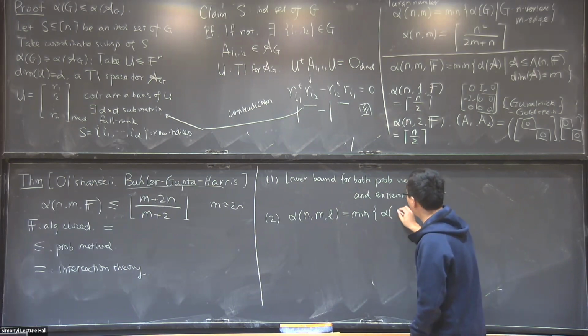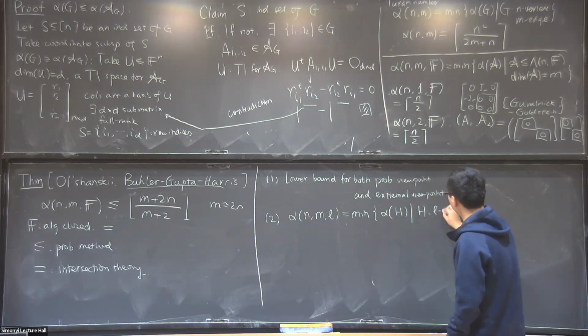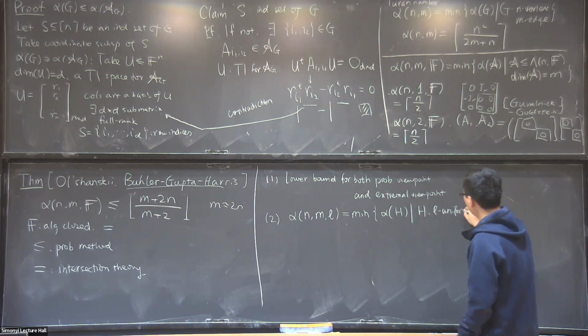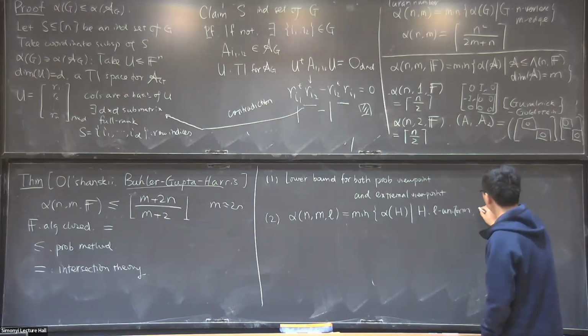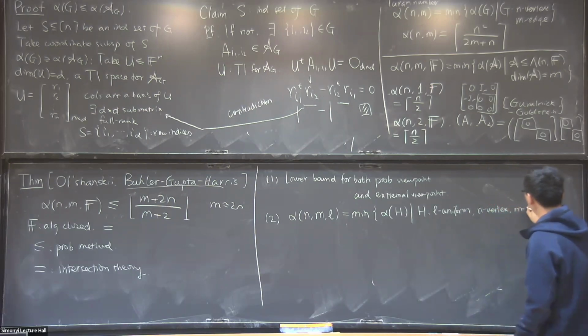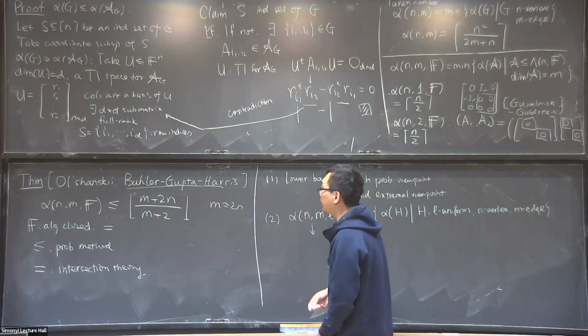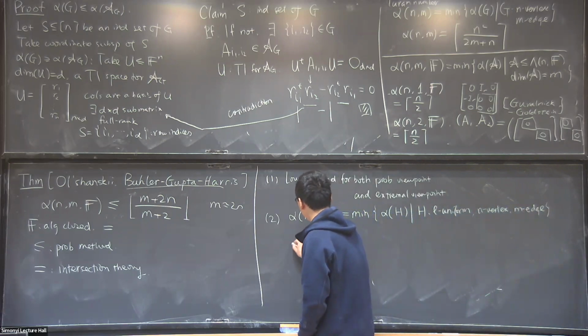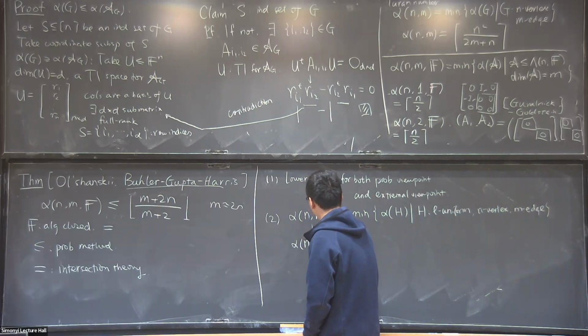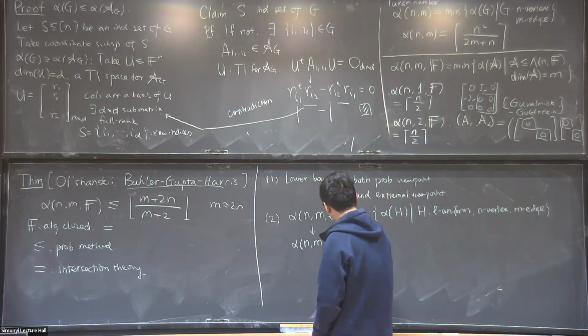Here H is an l-uniform hypergraph with n vertices and m hyperedges. This is Turán's problem in the hypergraph setting, and it can also be generalized to the linear algebra setting by considering alpha(n, l, F).